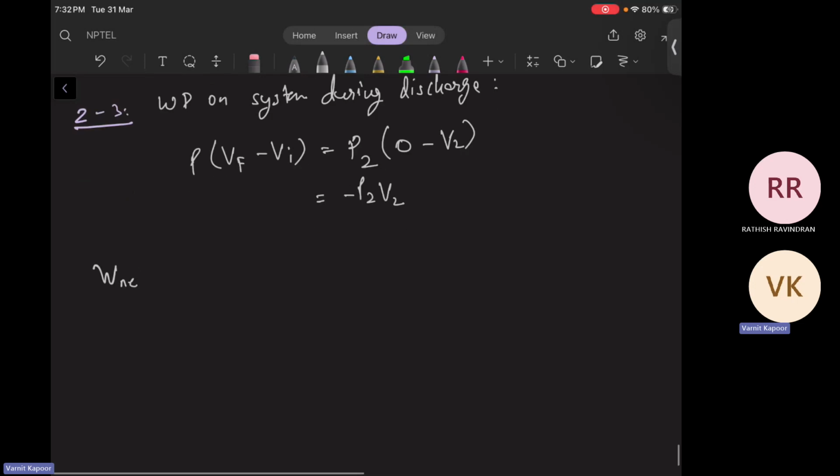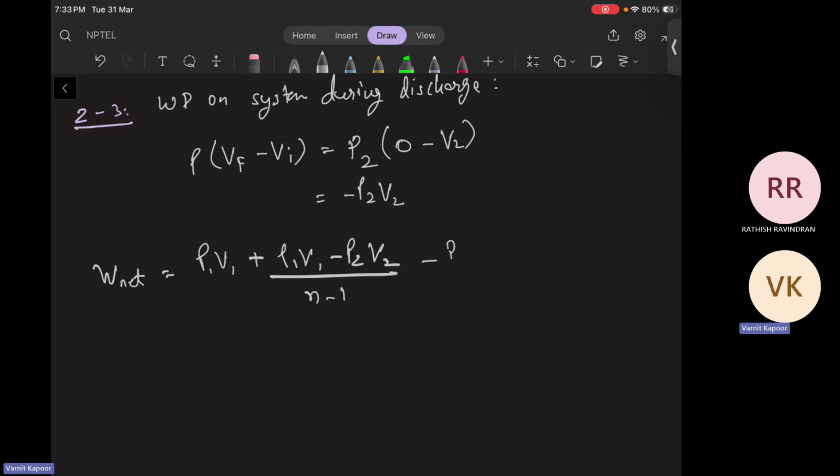So work net is P1 V1 plus P1 V1 minus P2 V2 by n minus 1 minus P2 V2. Add all of them and on simplifying, you will get n minus 1 times P1 V1 minus P2 V2. Okay.